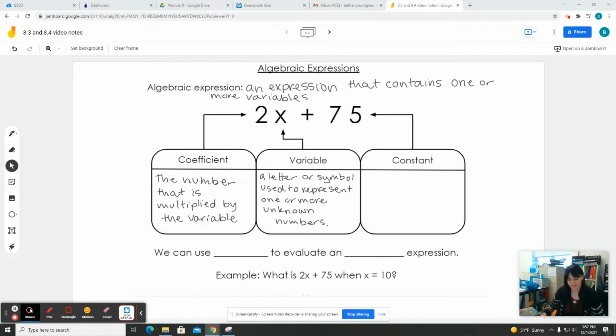Okay, the constant. In an algebraic expression, you can have what's called a constant. A constant is a specific number whose value does not change.